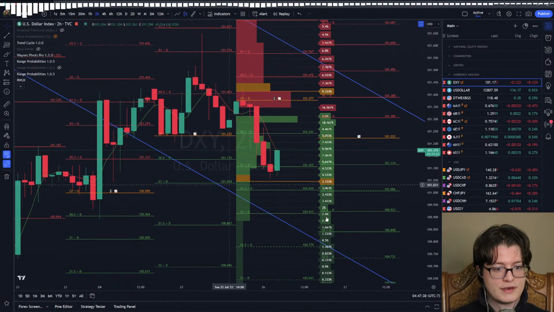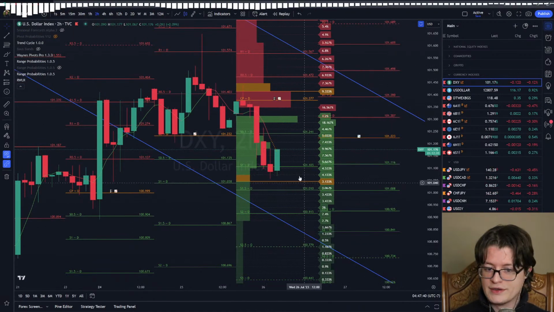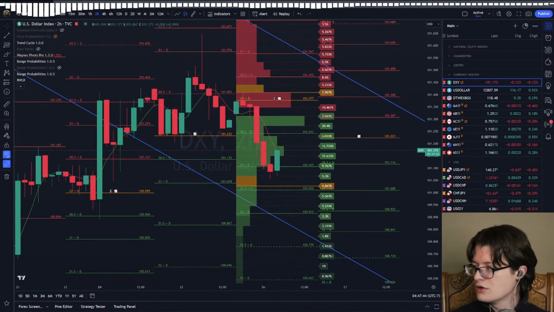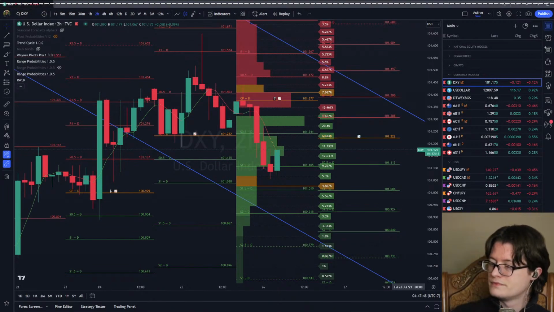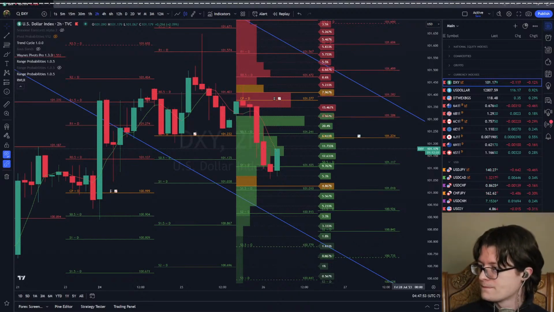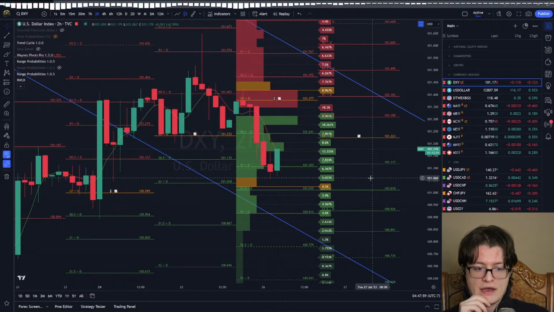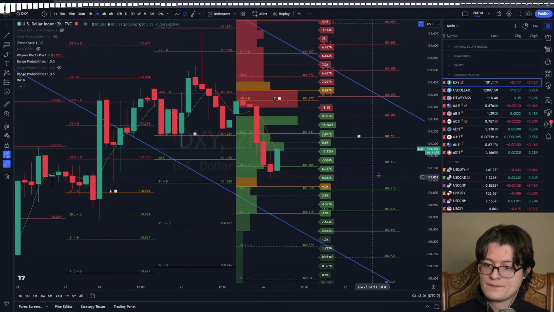And up and downside. So it looks like the low is in for the dollar today. The low is probably in on the dollar, at least for the current day.